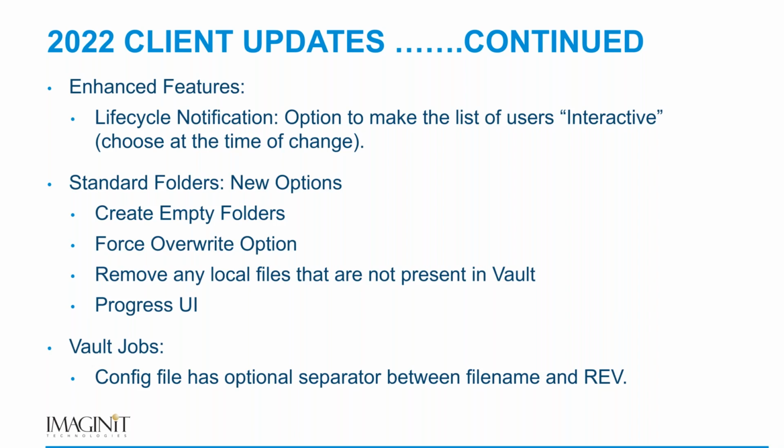The iLogic code was in the design data folder, but some of the old rules we had got changed. So there are new rules, and the old rules don't need to be there anymore. Or what happens if Matt takes the company template, copies and pastes it, and makes his own template off of it, right? So what the remove any local files option will do is say, okay, that file doesn't exist in Vault, so we're going to delete it from your local C drive.